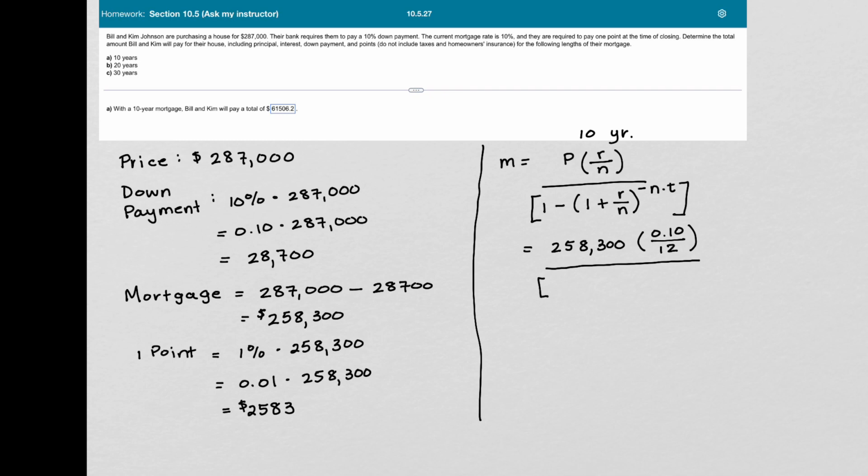And now I'm dividing that by 1 minus 1 plus, and notice I opened a bracket. So when you're typing this into the calculator, you can put a parenthesis, that's fine, or a bracket. But you do want to put that so that your whole denominator is together, so that the numerator is being divided by that entire denominator. So just be careful to watch out for that.